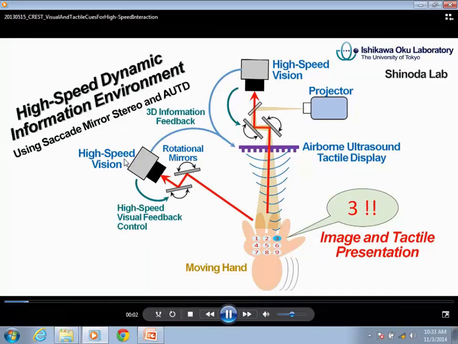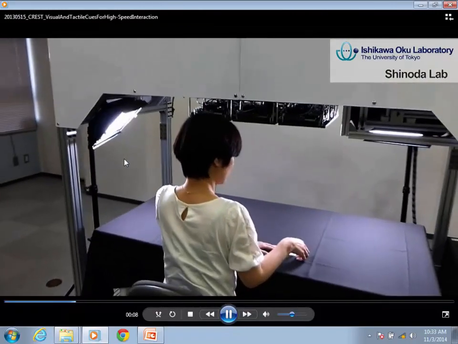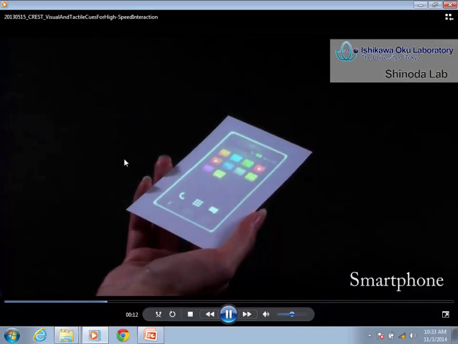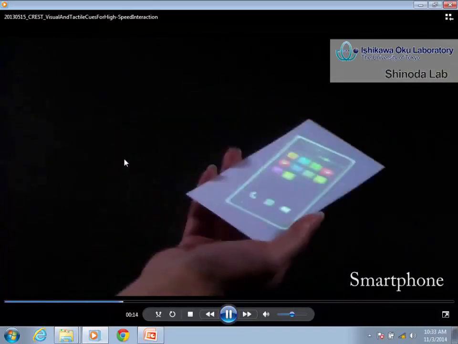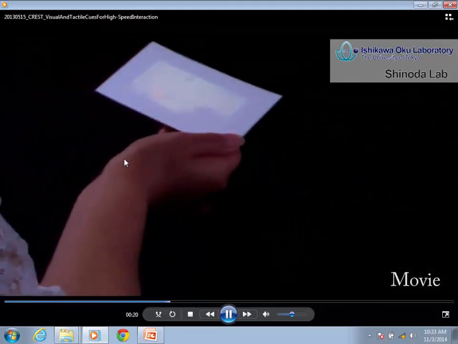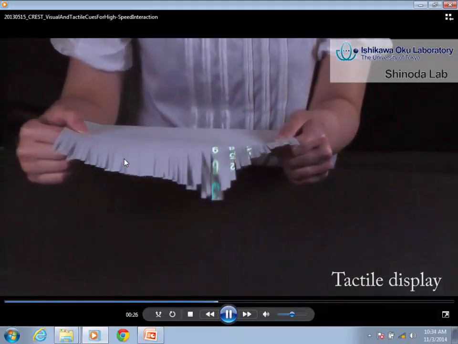This system can transform items around us into computers. It is not only for the now. A woman is seated in front of a large device. Useful for human, what will she experience? You can treat a paper as a smartphone, and rapid paper movements present no problem. Onto this piece of paper, of course, a movie can also be played on it. Not only images, you can also experience tactile sensations.